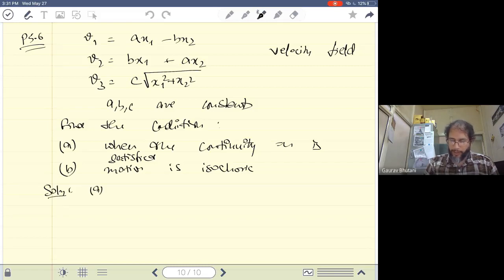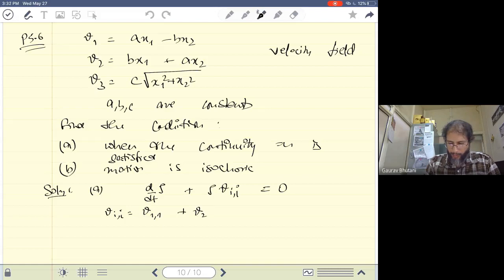So let's write the continuity equation. One of the forms was d by dt of the density rho plus rho times vi comma i is 0. We can find vi comma i in this case. vi comma i is v1 comma 1 plus v2 comma 2 plus v3 comma 3. v1 comma 1 is simply A, v2 comma 2 is again A, and v3 comma 3 is 0 because v3 only depends on x1 and x2, not x3.